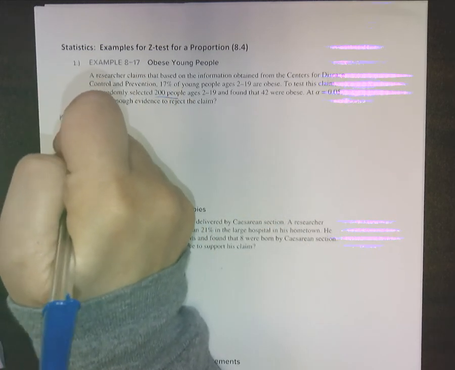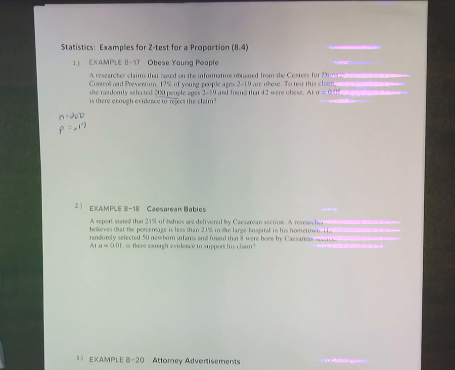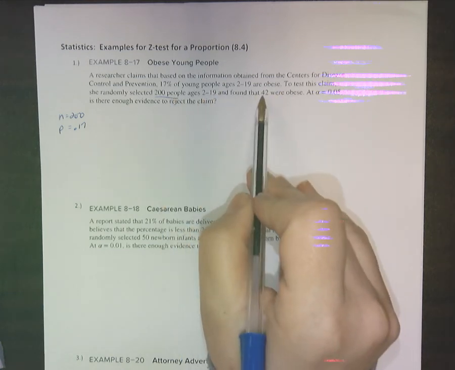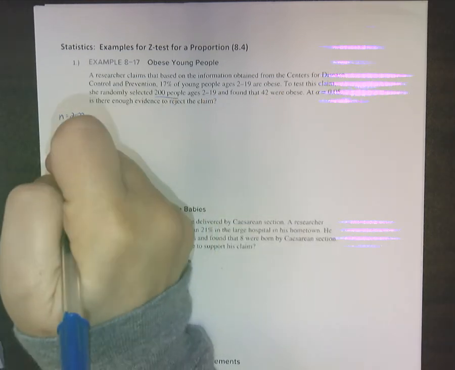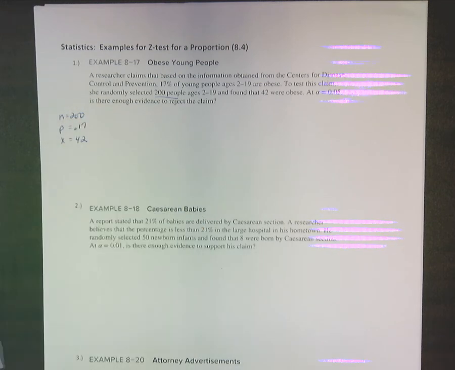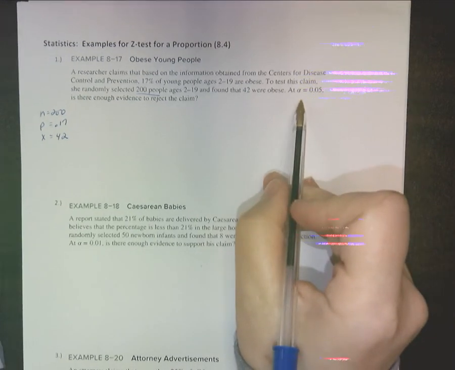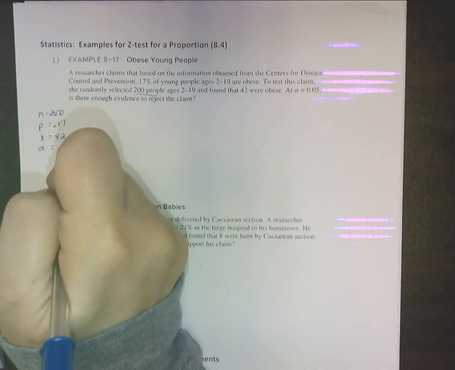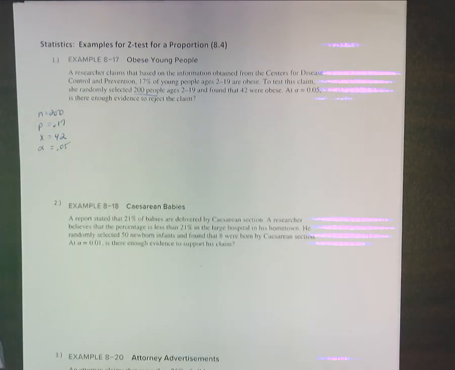That is 17%, 0.17. Out of those 200, 42 were obese. What's that 42? Well, that's our X. At the significance level of 0.05. Is there enough evidence to reject the claim?